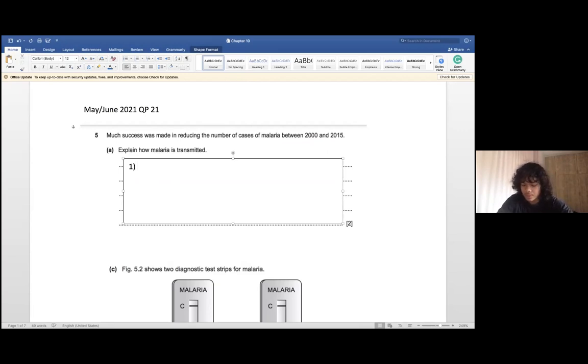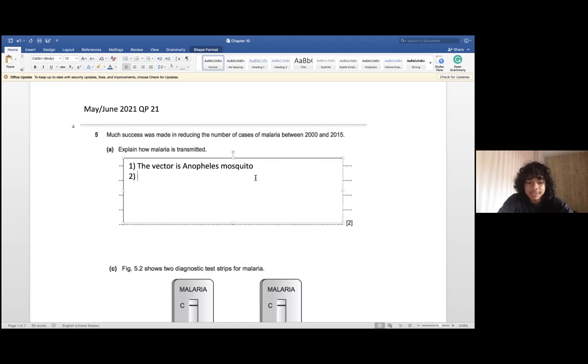So over here, what you can say is the vector is Anopheles mosquito. And then the second point, what you can say is what does the Anopheles mosquito do?